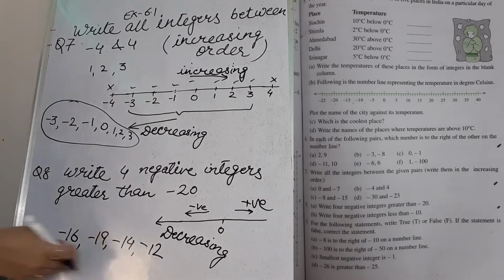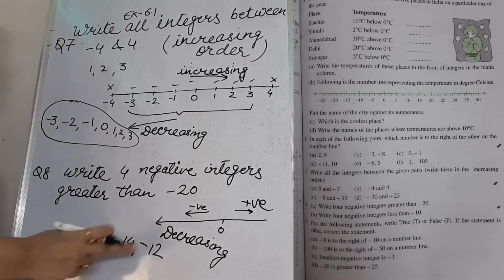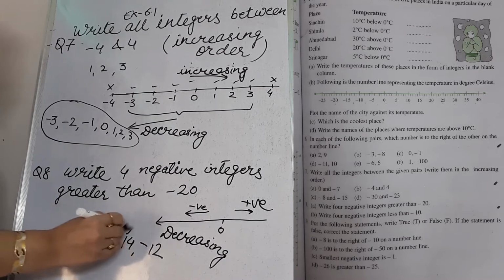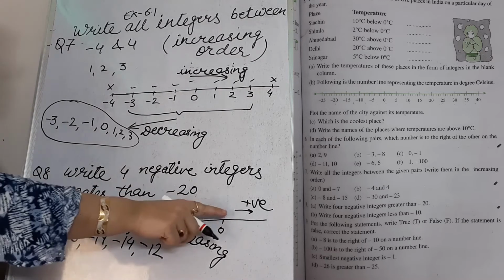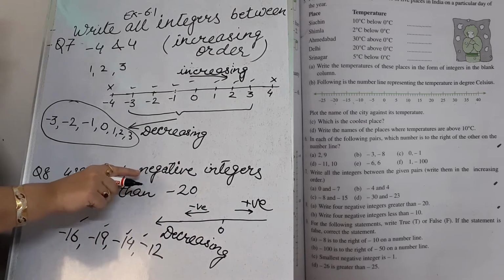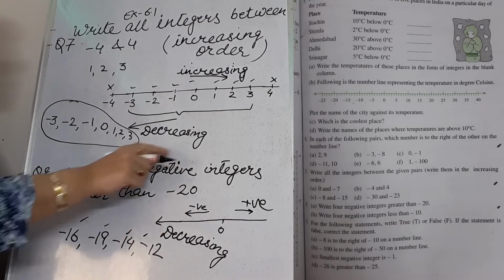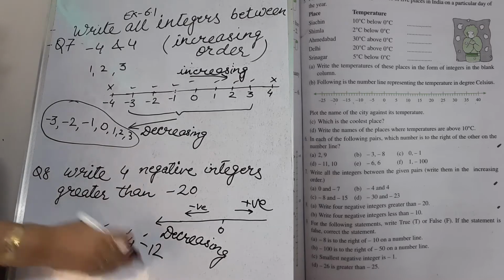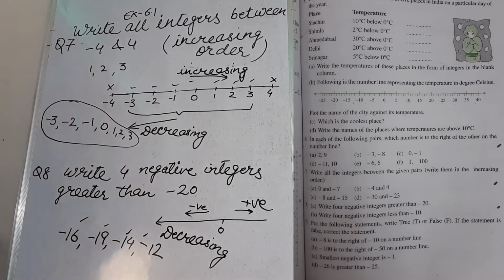These are 4 negative integers which are greater than -20. I am writing all negative integers. I am not talking about positive one because question is you have to write 4 negative integers. So I have written any 4 integers, negative integers which are greater than -20. You can write any 4.